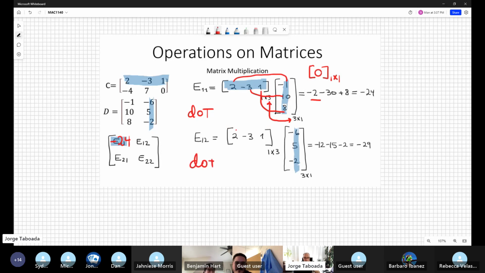You multiply 2 times -6 is -12, and -3 times 5 is -15, and 1 times -3 is negative. Everything is negative. It is -20.